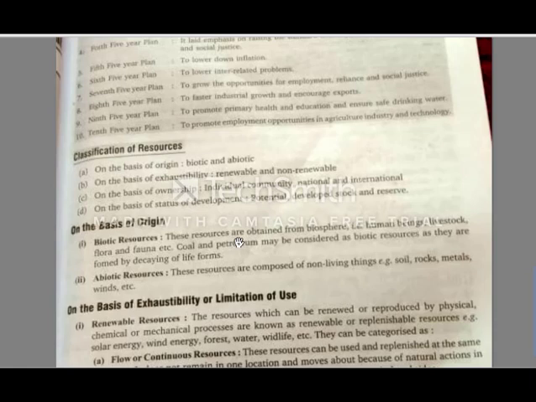Livestock we can say cattle stock, cattle, animals, beasts. And another one is flora. What is the meaning of flora? Flora means trees and plants. And what is fauna? Fauna means animals, cattle, beasts, etc.